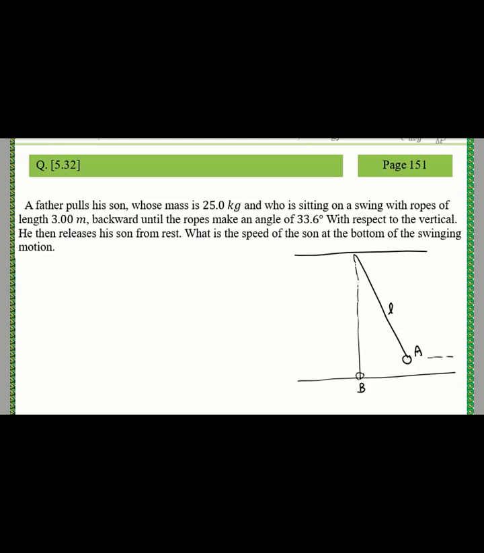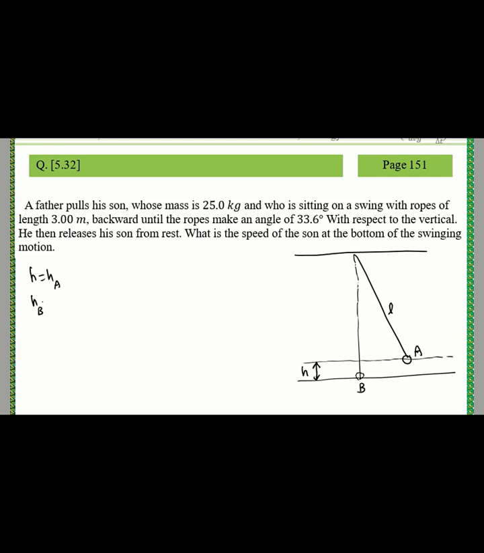Now we need to find the height, this height, H. How much is H or HA? H is the height of the point A. HB is the final position.